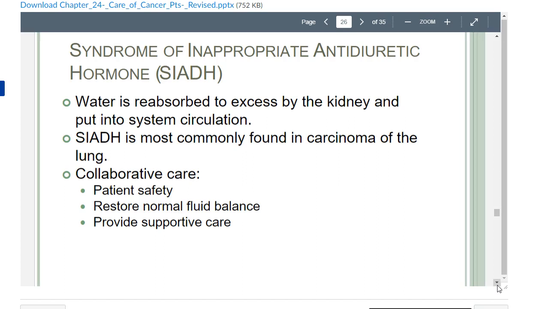And many of these cancerous tumors actually make or secrete ADH, antidiuretic hormone. Some of the ones that do this are small cell carcinomas of the lung. Some tumors actually make and secrete ADH, and others stimulate the brain to make and secrete it.